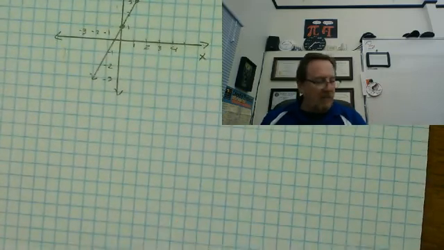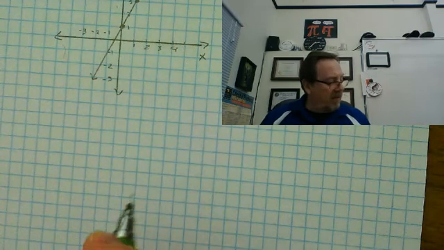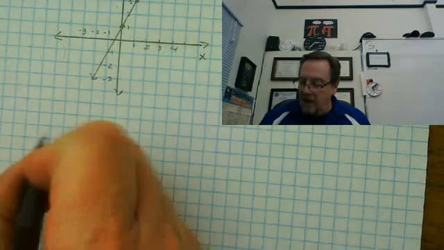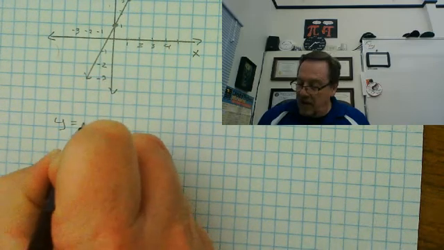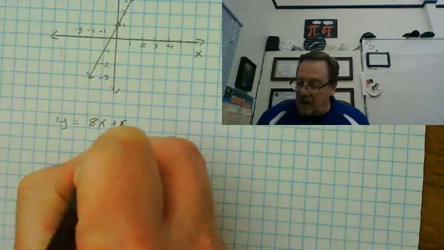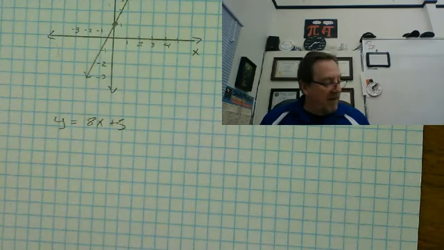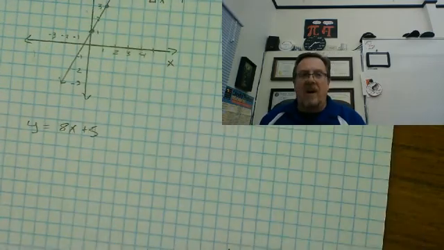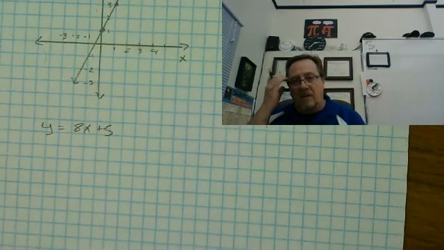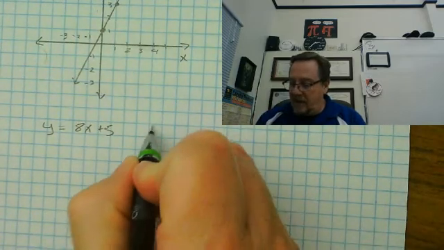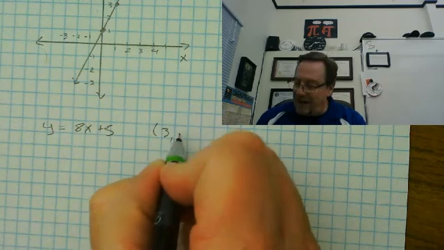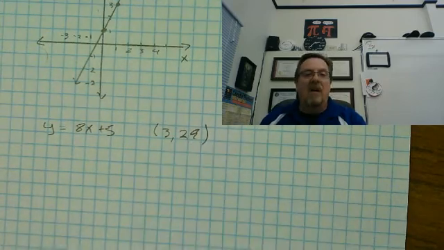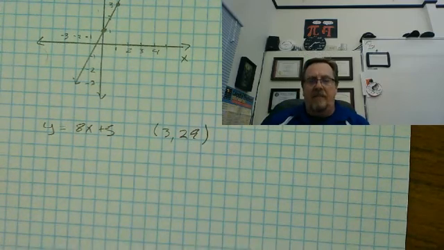However, what if it gave you a problem that said something like this? y is equal to 8x plus 5. And now it asks you the question, something like, well, is the point (3, 29) on that line?